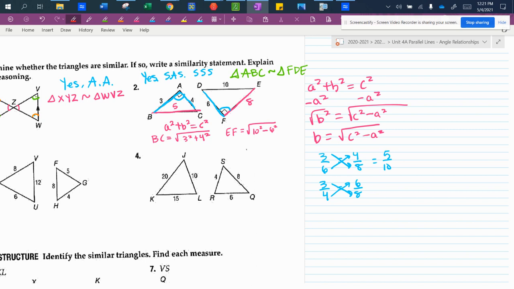Does that correspond with AB, which is 3? So you have to make sure our corresponding sides line up. So which side is corresponding with AB? That'd be FD. Which side is corresponding with BC? That'd be DE.